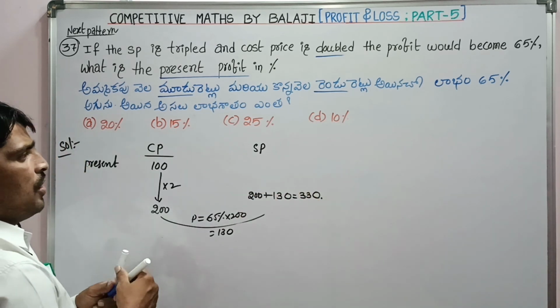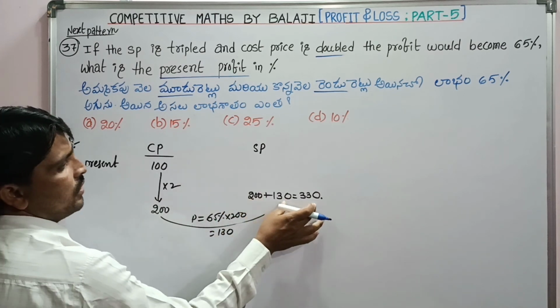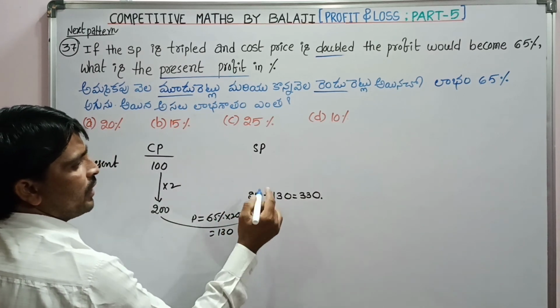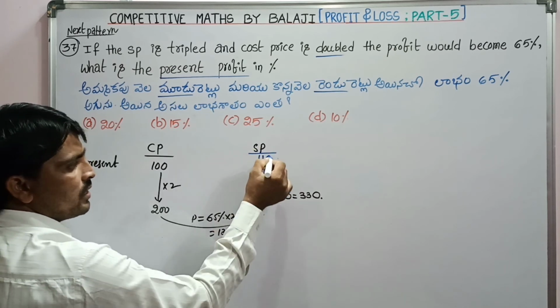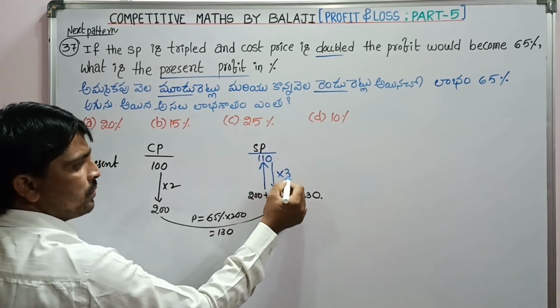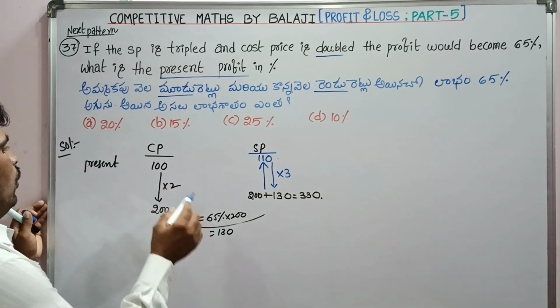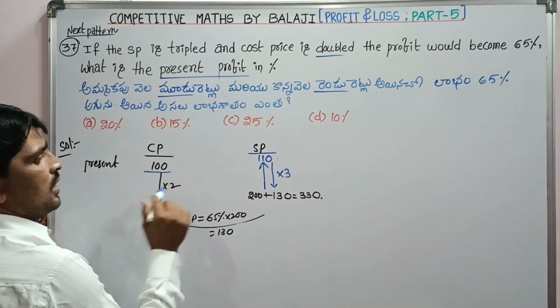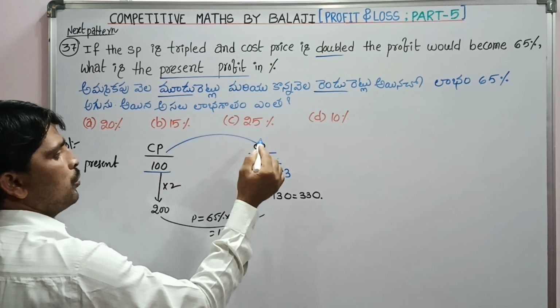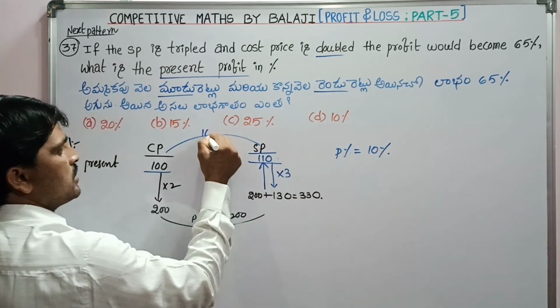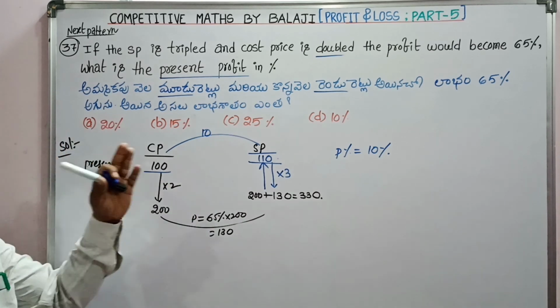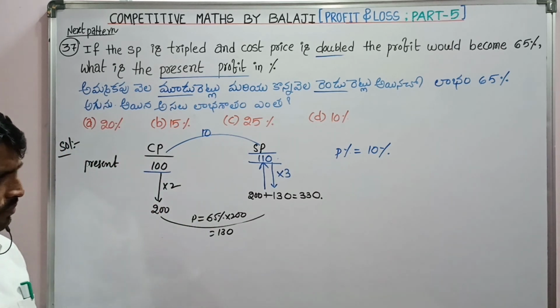When it is increased, that is tripled, the amount of SP is 330. Before that, SP is equal to 110, as 110 into 3 times is 330. So present CP is 100, present SP is 110. So present profit is 10%, as it is 10 on 100. So direct present profit is 10%.